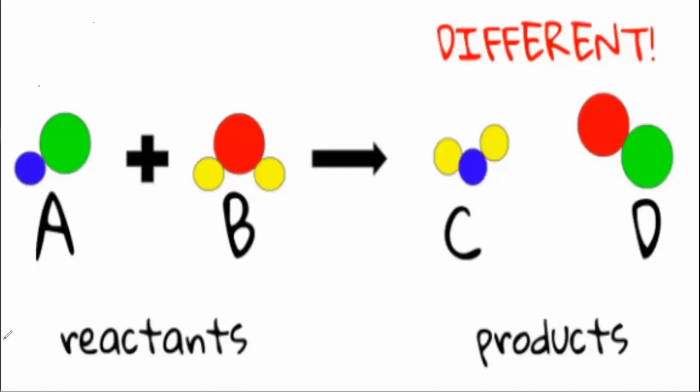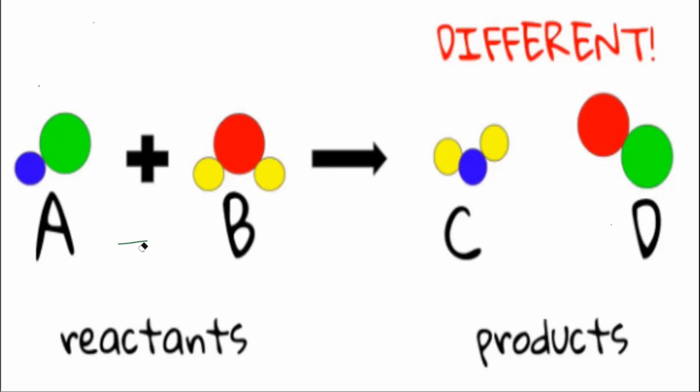And by the way, why is it like that, that the number of the particles before and after the chemical reaction must be the same? There is a law in chemistry which is called the law of conservation of matter. According to this law, the total number of the particles before and after the reaction must be the same. It means new particles are not formed in a chemical reaction and the old particles are not destroyed.